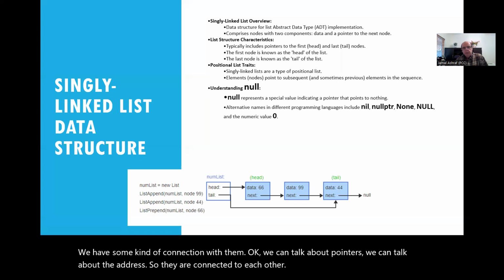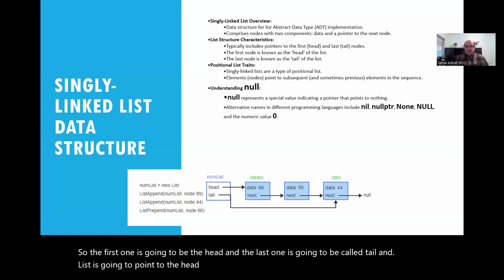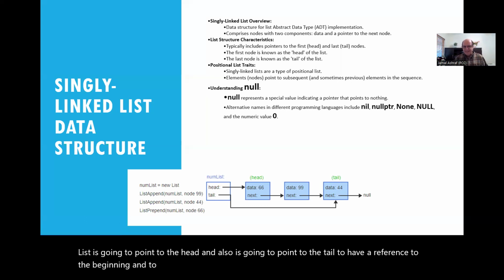So the first one is going to be the head, and the last one is going to be called the tail, and our list is going to point to the head and also to the tail, to have a reference to the beginning and to the end of the list that we are working on.